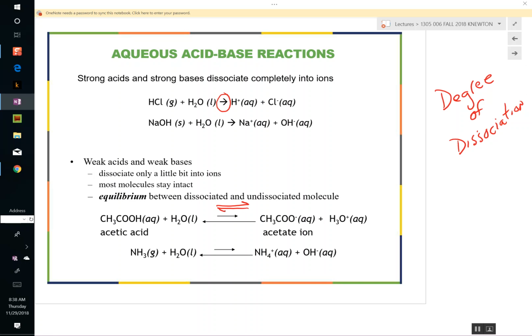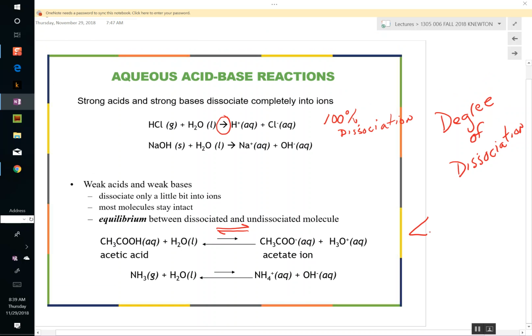Arrow pointing towards the right: you're going from reactants to products, and there's just an arrow pointing in one direction. You have 100% dissociation. So it's strong. But if it's going both ways, it's weak. Partial dissociation.